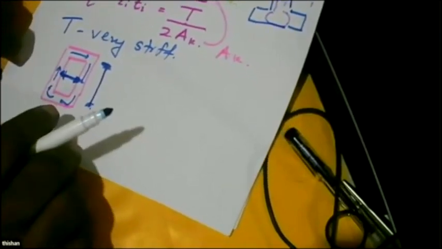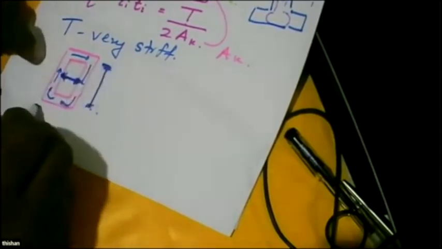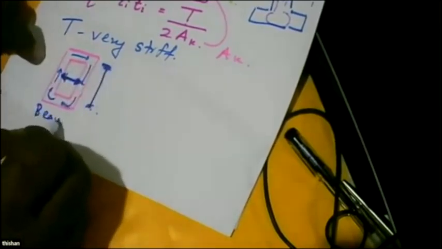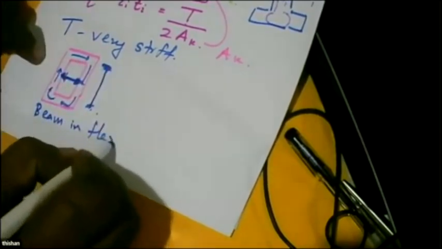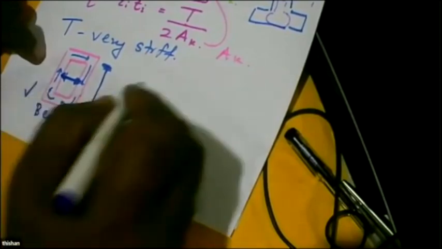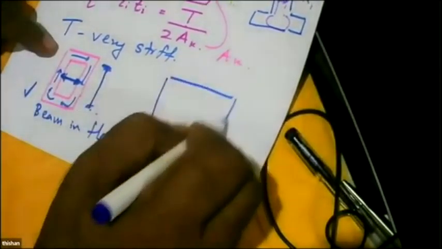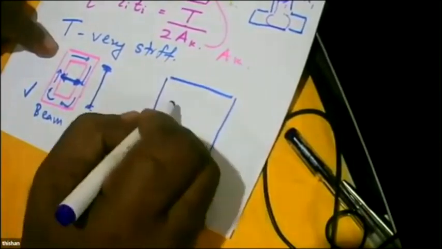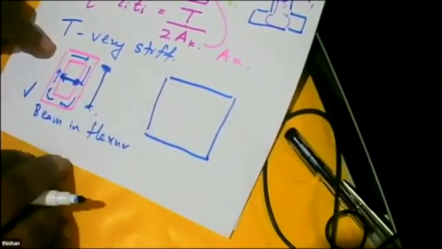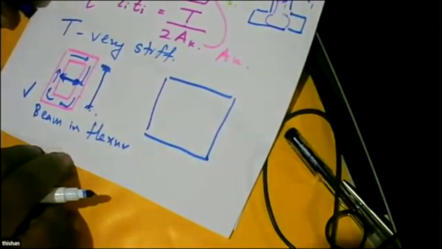The efficiency will be governed by this particular one, not by the big one. So though for beams in flexure, this is good. For beams subject to torsion, this shape is good. Square is good. Why? Because we know then for all sides we maintain the same size.